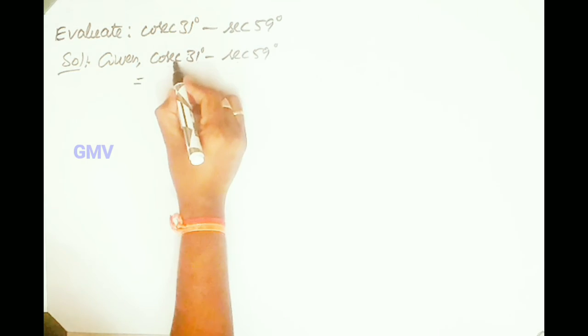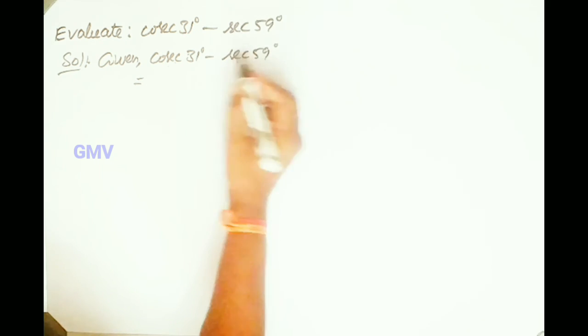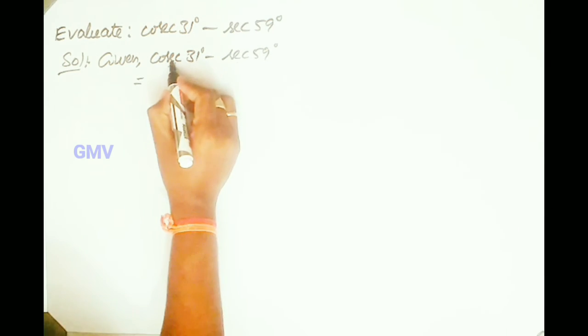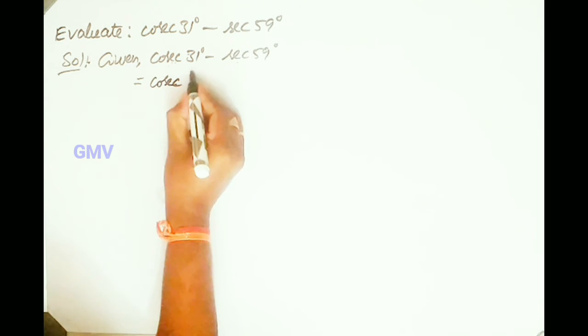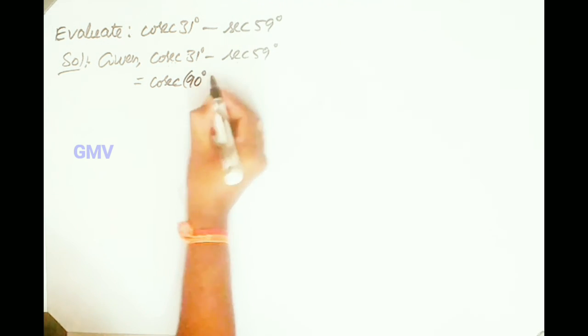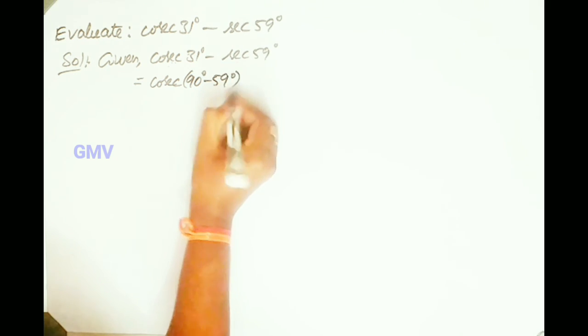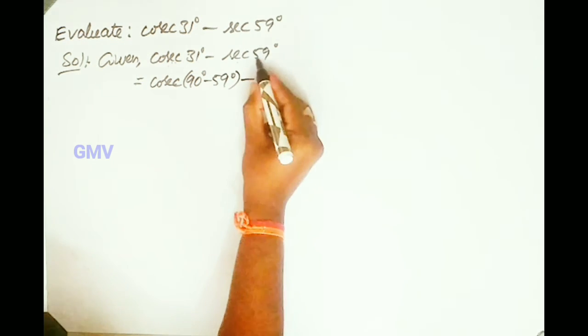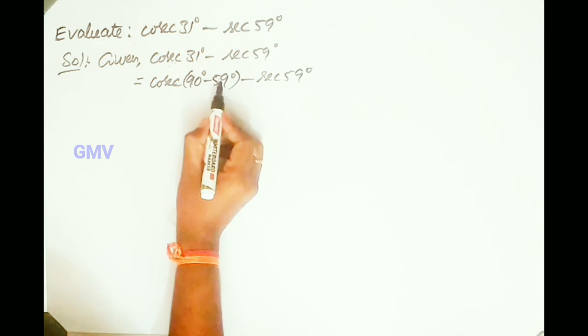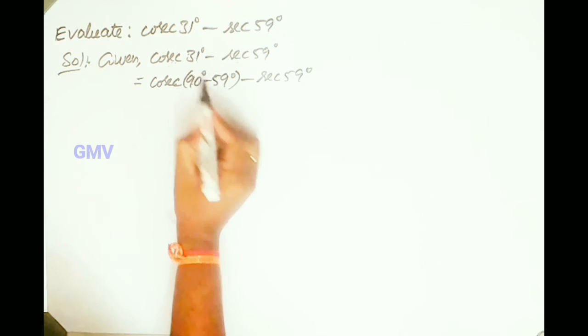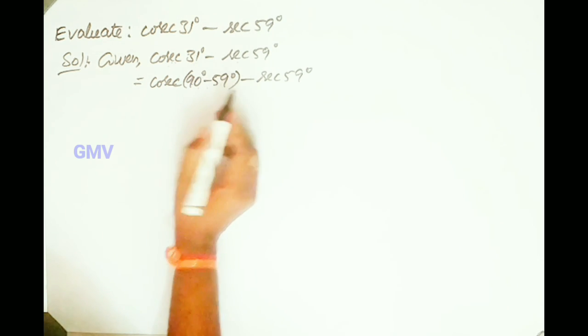So we have to convert cosecant into secant or secant into cosecant. I will convert cosecant into secant. For this we will write cosecant 31 degree as cosecant 90 degree minus 59 degree minus secant 59 degree as it is. Here 90 degree minus 59 degree means 31 degree. So I have written 31 degree as 90 degree minus 59 degree.